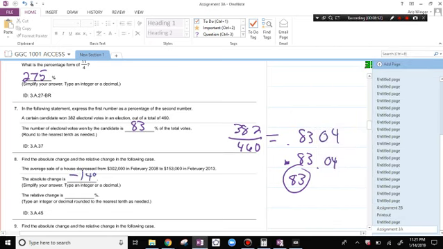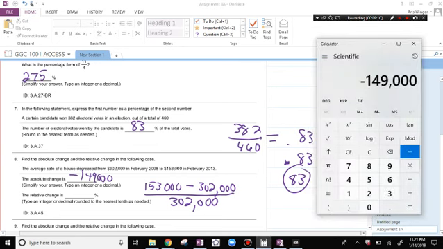Negative 149,000. The relative change is new number minus the old number, and it's in reference to the old number, divided by the old number.